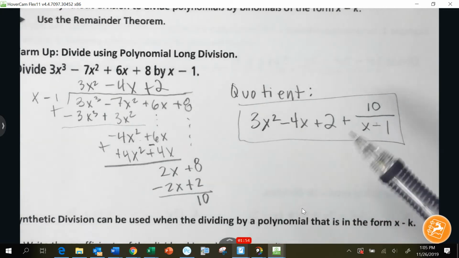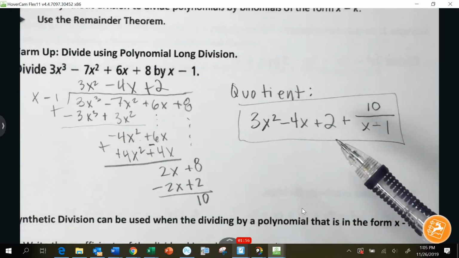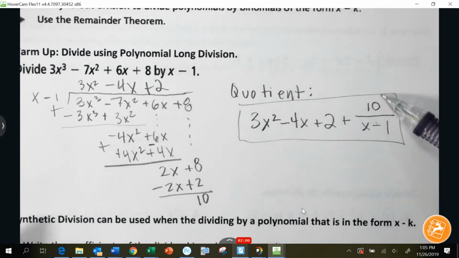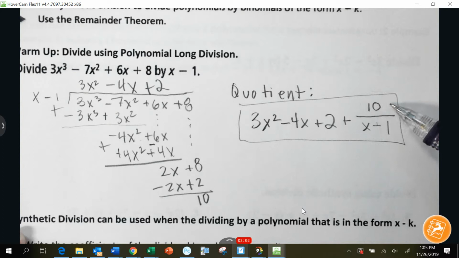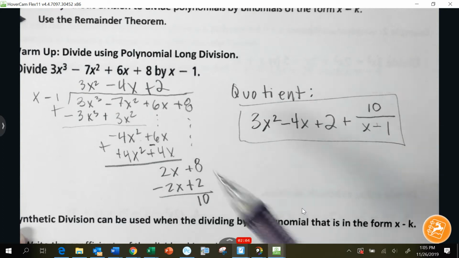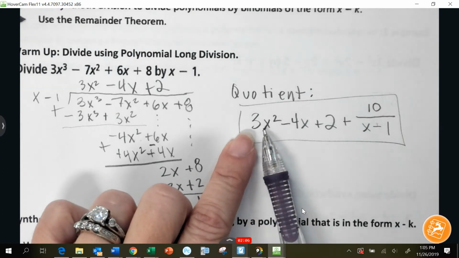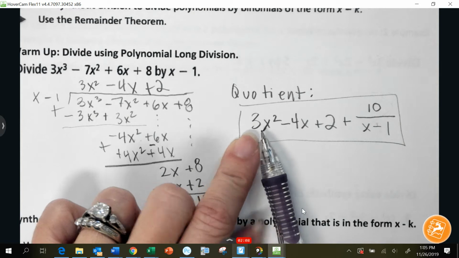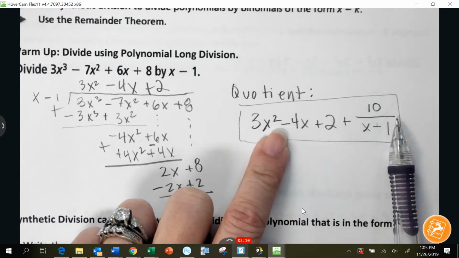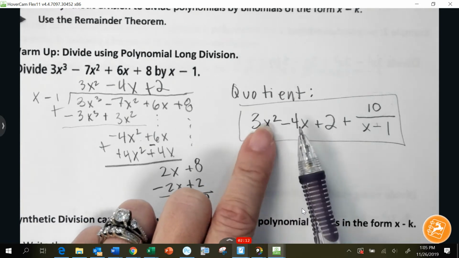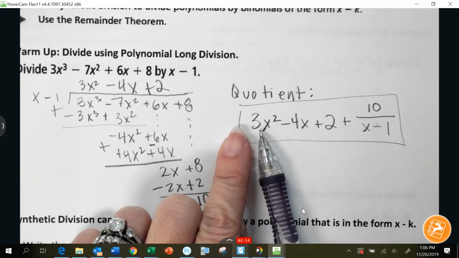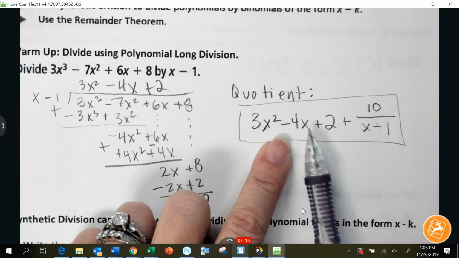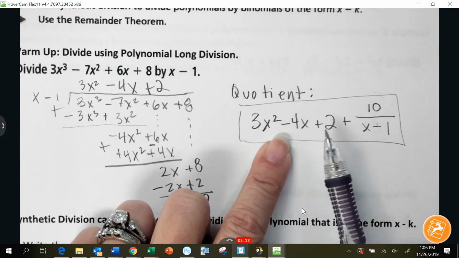So you guys, when I go to quickly look at answers, I can tell if you've done it right, usually by looking at the remainder. Because if you've made a mistake somewhere after like the 3x squared, you'd have the 3x squared right, but then you miss everything else. I know your mistake is somewhere in between these here. So if you had started out the same way, but then you have stuff different, that's telling you where to look for your mistake.